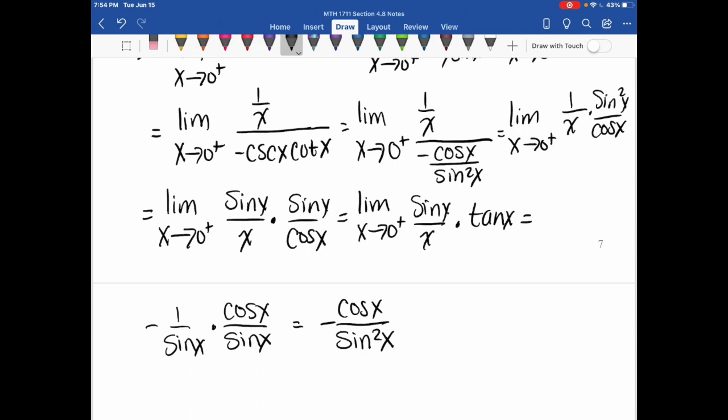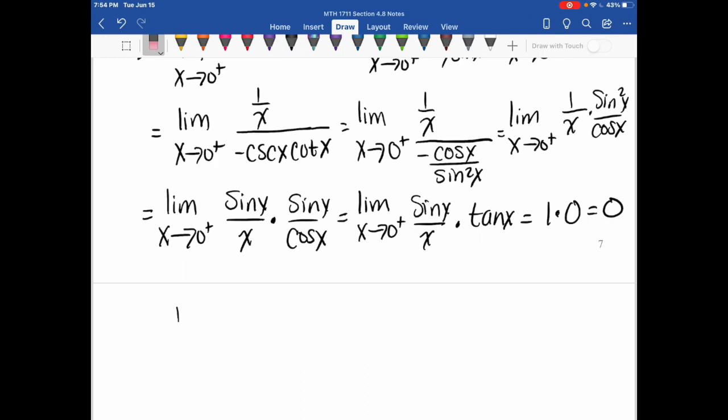Now, these are limits that we know. After doing some manipulation with these trig identities, we know the limit as x approaches 0 from the right of sine x over x. We studied that before. That's 1. And then the limit as x approaches 0 from the right of tangent x is 0. So we end up with 1 times 0, which is 0.